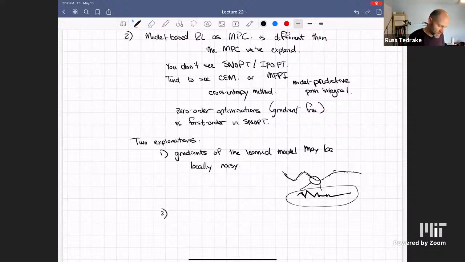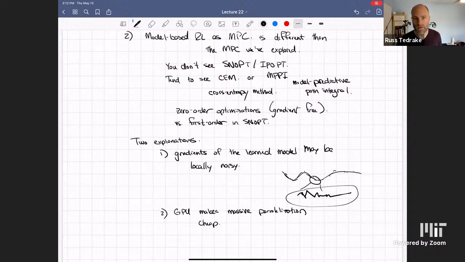The other reason is that the GPU makes massive parallelization cheap. So zero-order methods start to compete with gradient methods because of the parallelization.